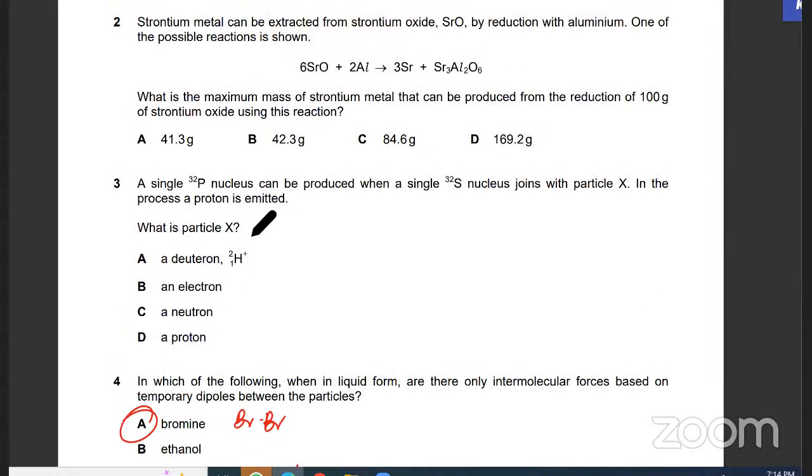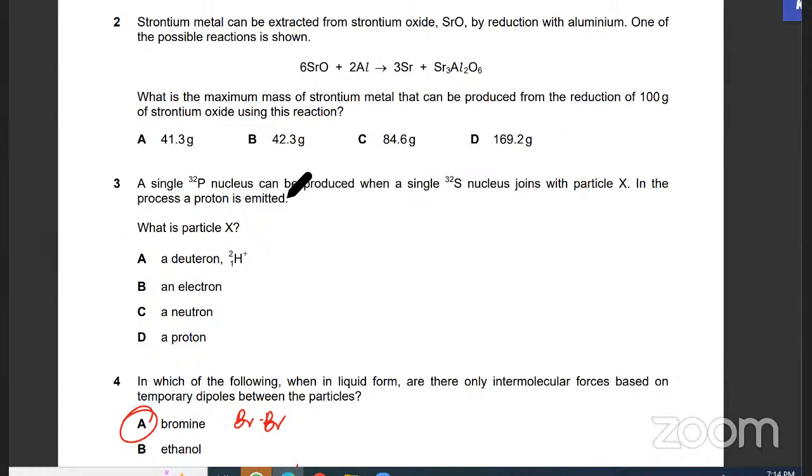So this one, there's a particle X in the process, a proton is emitted. What is particle X? A single P nucleus can be produced when a single S joins with particle X. In the process, a proton gets emitted.